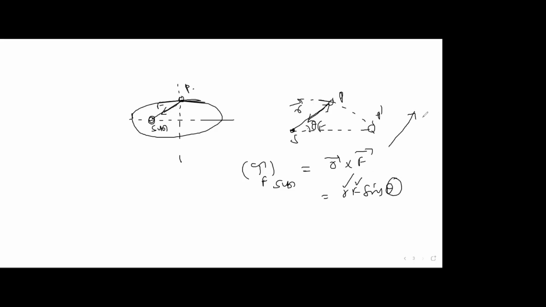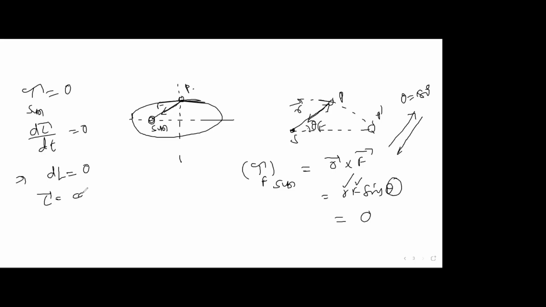The position vector is like this, the force vector is like this, the angle is 180, so sin 180 is 0. So the torque of this gravitational force about the center of the sun on the planet is equal to 0. Whenever torque about the sun is zero, the rate of change of angular momentum dL by dt is zero. When the rate of change of angular momentum is zero, there is no change in angular momentum, which means angular momentum is constant. This is conservation of angular momentum.